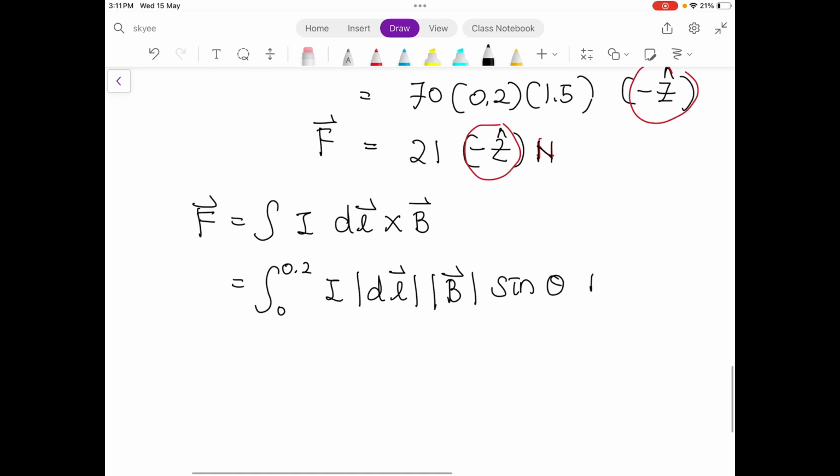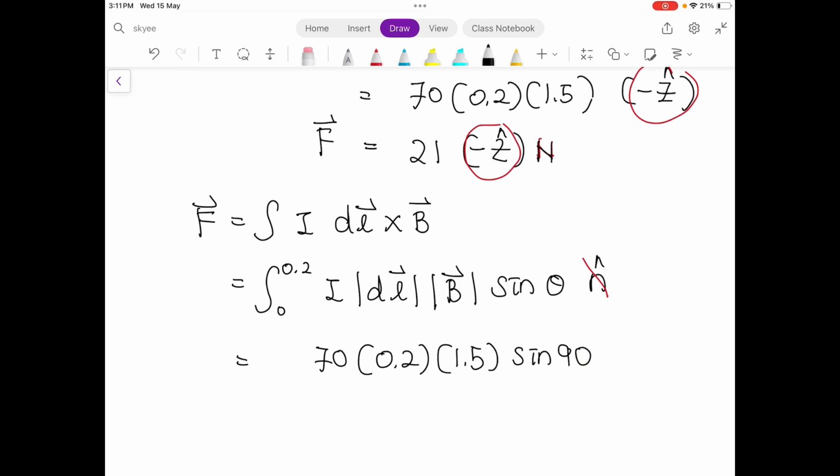If you don't want to consider the directions, you just cancel this. So this will give you 70 times 0.2 times 1.5 times sine 90. You will get the same answer, which is also 21 Newton.